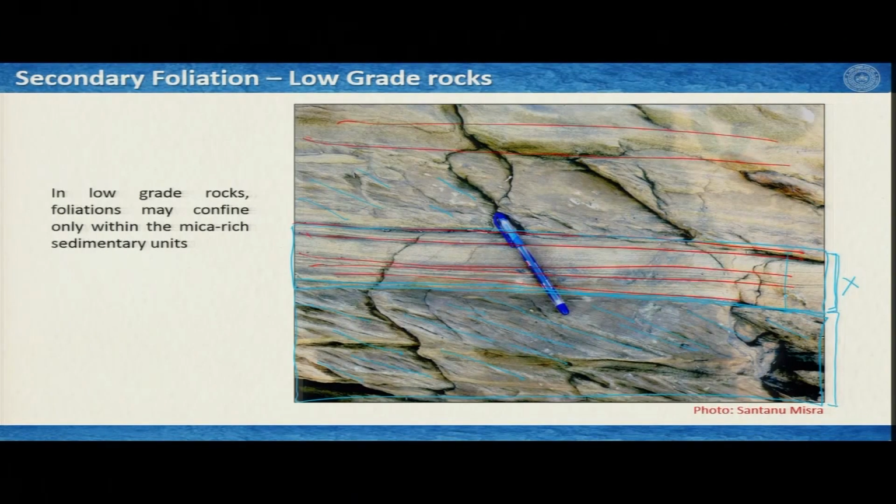So, a foliation not necessarily has to be present in all the sedimentary layers or all along the primary layers. You may have it restricted only within a layer where you have concentration of foliation defining minerals.